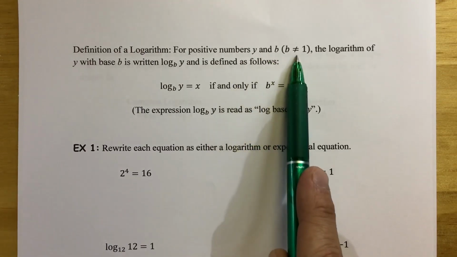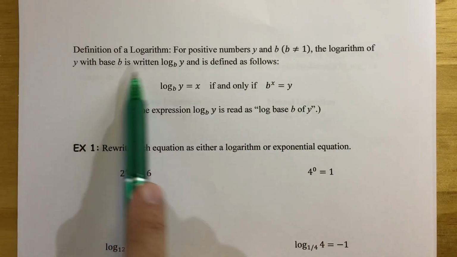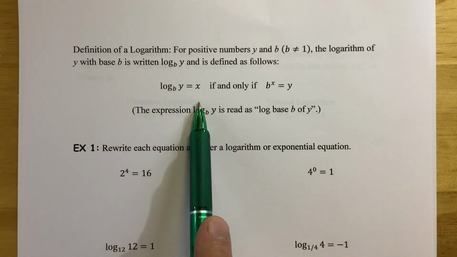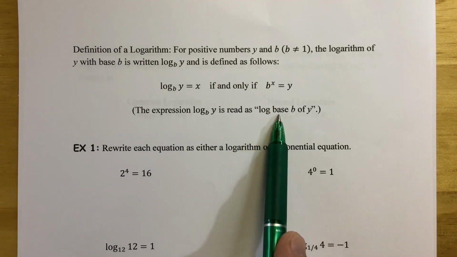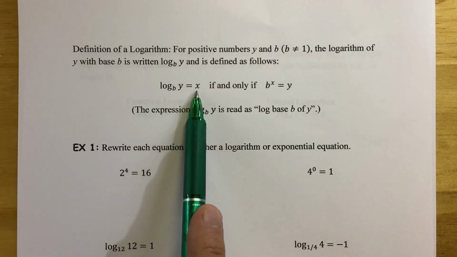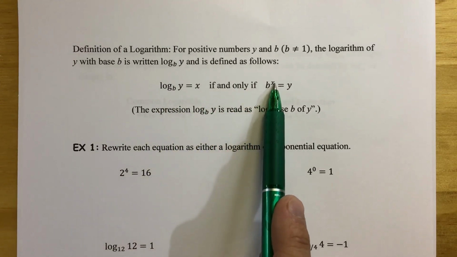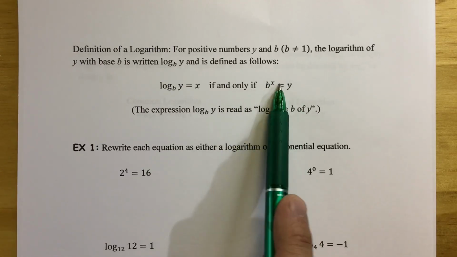Okay, but for all that stuff, the logarithm of y with base b, written this way, is defined as follows. Now underneath it, I go over how it's read: log base b of y equals x if and only if b to the x power is equal to y.